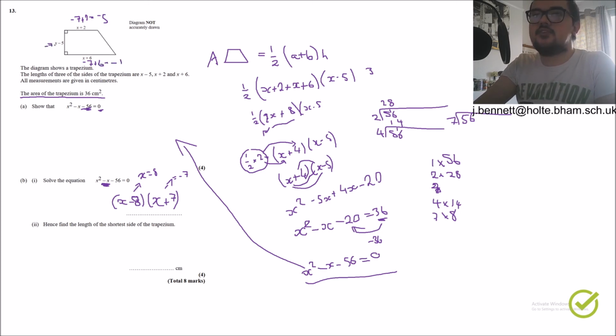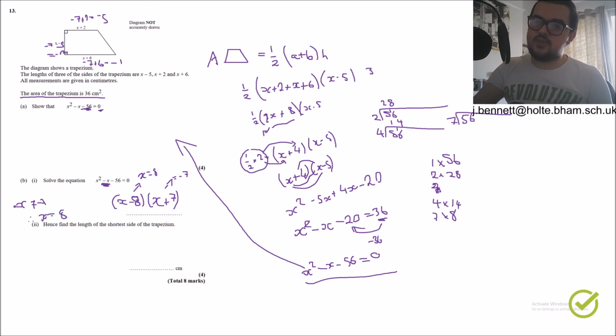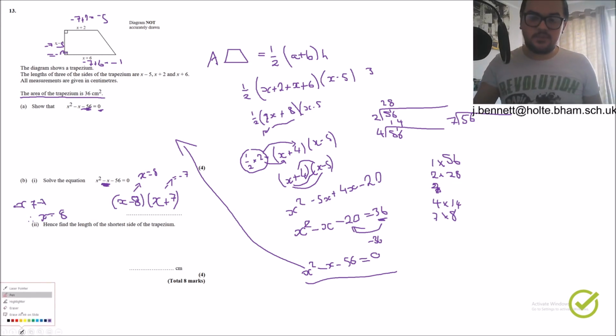Then minus 7 minus 5 is minus 12. Now, you can't have a thing that is measured in negative centimeters. You can't have a negative measurement. So we say that x can't equal minus 7. Therefore, x equals 8.